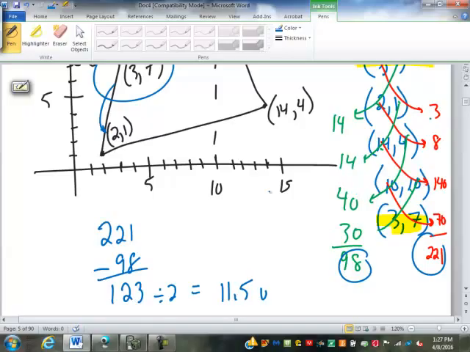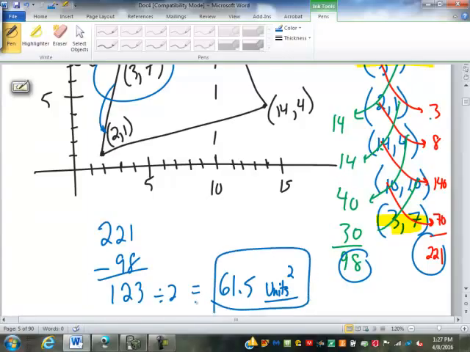Very good. Now I divide that by 2, I get 61.5, right? That's square units. I don't have any labels on there for my distances, whether each of those is a foot or a yard or whatever they are. So it's 61.5 square units of area.